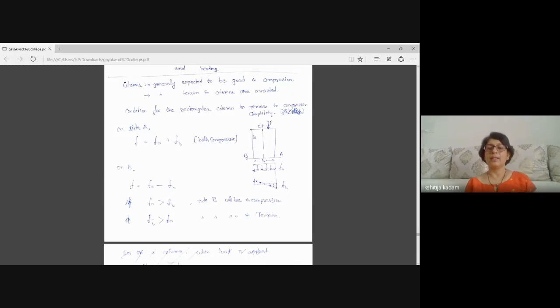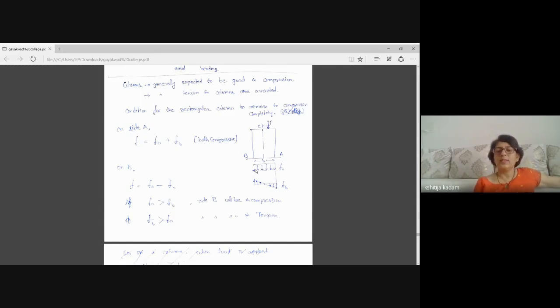So let us take an example. Here I have shown a column and it has side A and side B. And a force P is applied vertically down with some eccentricity E from the neutral axis. So the applied load is applied with some eccentricity. That means the column will observe compression as well as bending.